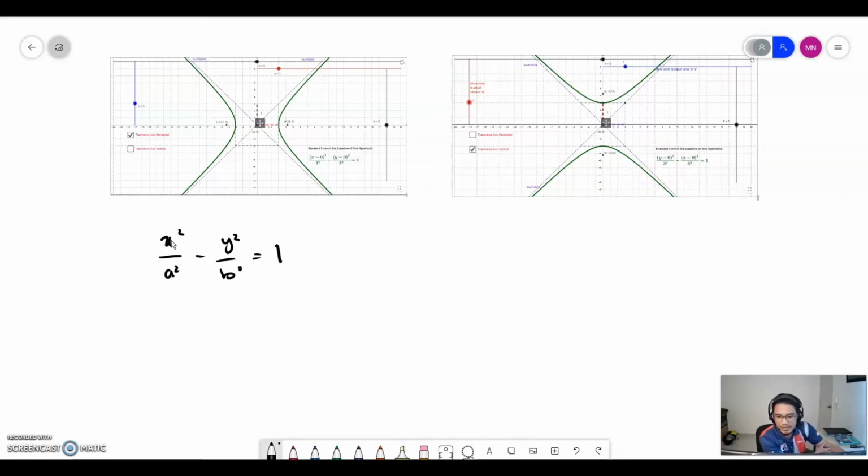You can identify that if the negative is with the y, then your major axis is in the horizontal orientation. Then for the second type of hyperbola on the right side, the equation will be negative x squared over a squared plus y squared over b squared equals 1. Now the negative sign is with the x, so your major axis is in the vertical orientation.